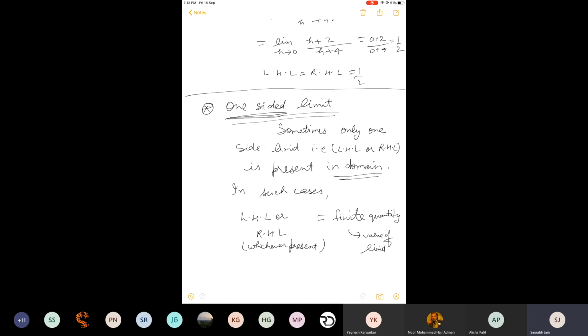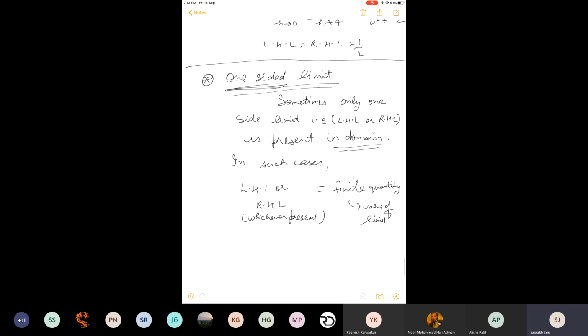So if only a one-sided limit is there, like sometimes in the question only one side can be written, there is no other side, the reason may be the domain, then we will not say that the answer does not exist. In fact, we will find that particular side limit and we will give the answer.